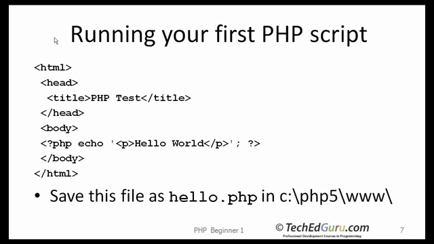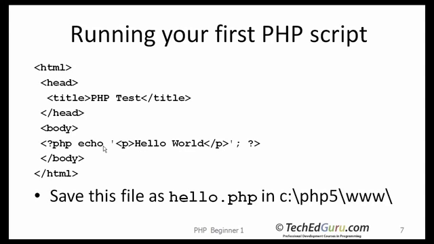Okay, so we are ready to create our first PHP script. Go ahead and type this code that you see in front of you using a notepad or a textpad editor. As you can tell, most of it is all HTML except one line of code, which has this special PHP Begin and PHP End tags, which contains a PHP statement.